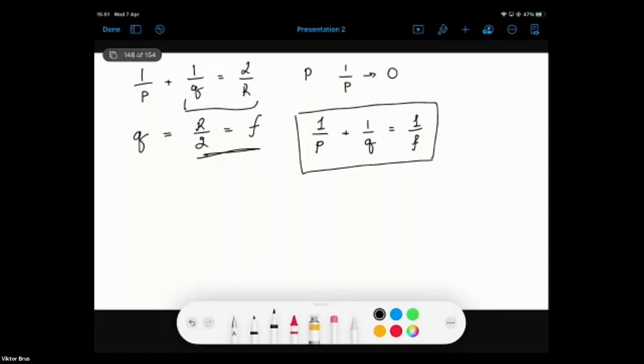And the third ray is that one which goes through the center of curvature at the distance r, which is the radius of curvature of the mirror. So in this case, it will hit the surface of the mirror perpendicularly and will be reflected backwards.